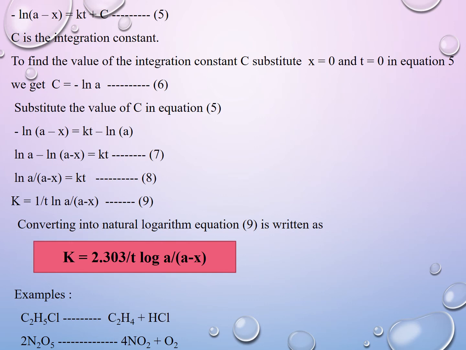So this is the rate constant of the first order reaction. I am repeating, k is equal to 2.303 by t into log of a by (a minus x). Now suitable examples are when ethyl chloride is decomposed into ethylene and HCl, and when two molecules of nitrogen pentoxide get decomposed into nitrogen dioxide and oxygen. These two are suitable examples of first order reactions.